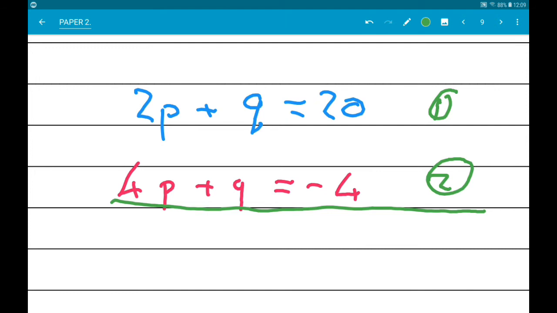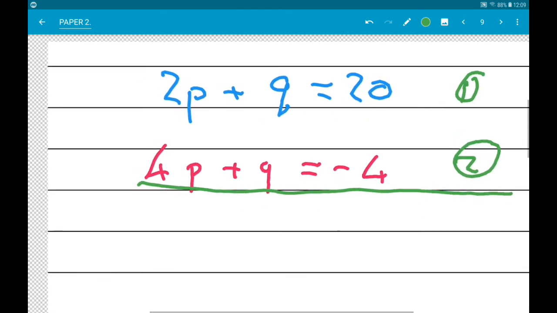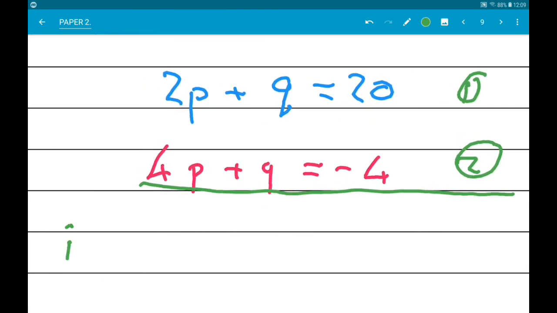It doesn't really matter. I'm going to do 1 take 2. So 2p minus 4p is minus 2p. Q minus q, zero.